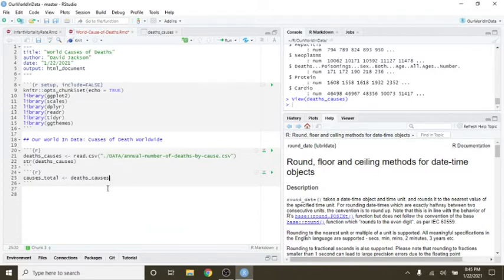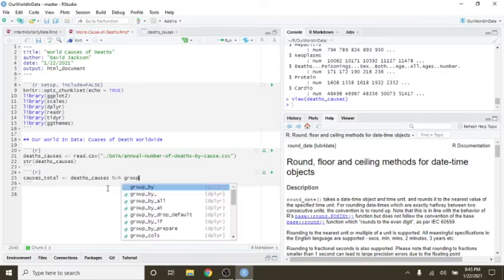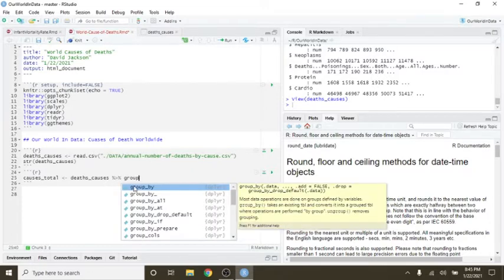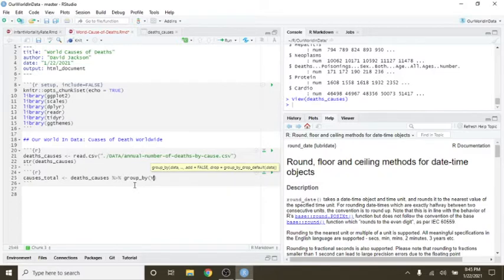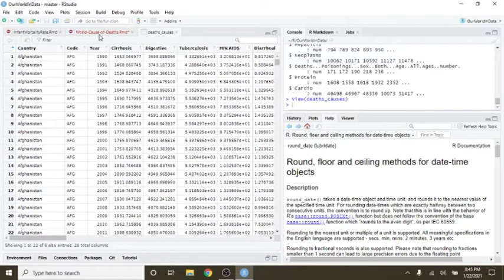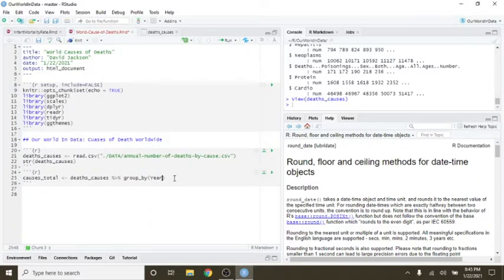Deaths, group by, right? Group by year. Okay. Now we get to the magic here.